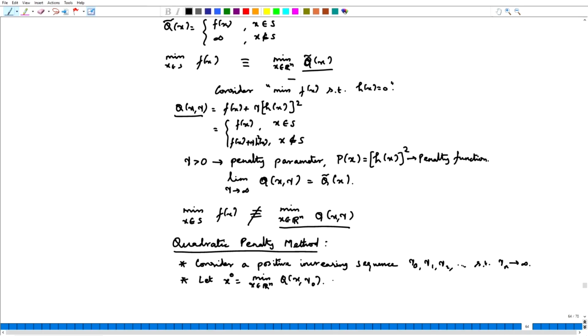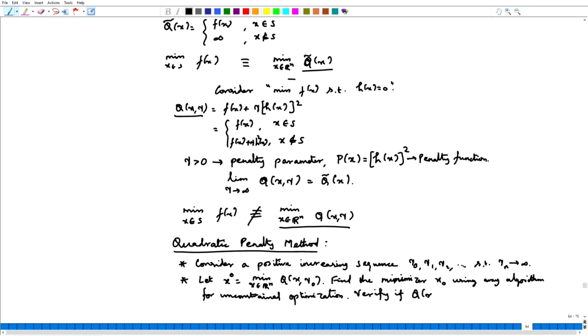To clarify this, find the minimizer x naught using any algorithm for unconstrained optimization, and verify if q of x naught comma gamma naught is very close to f of x naught.